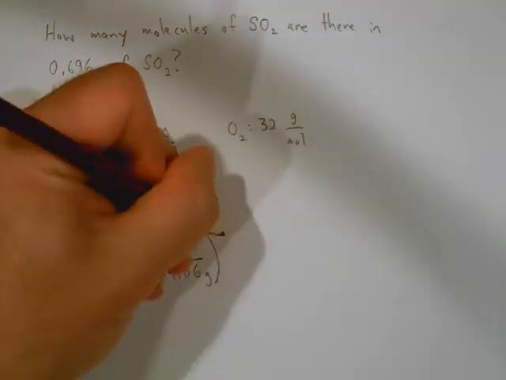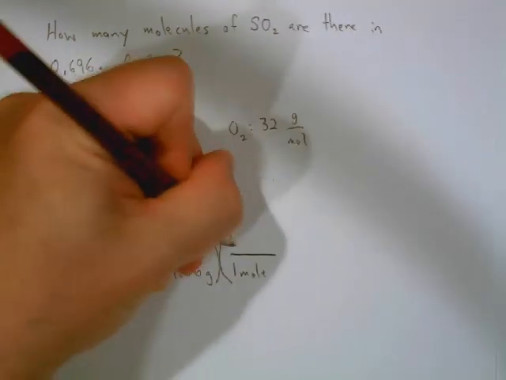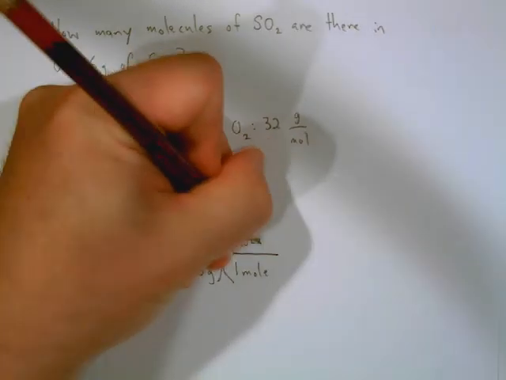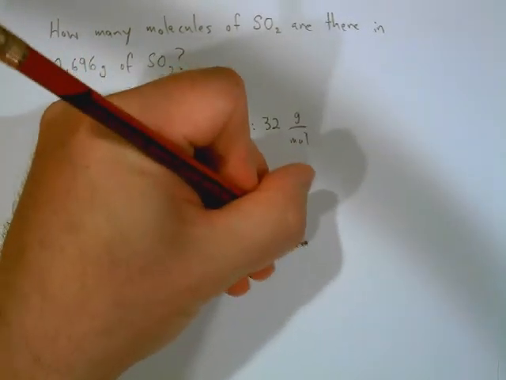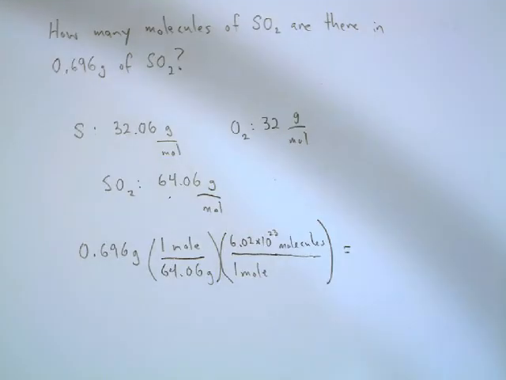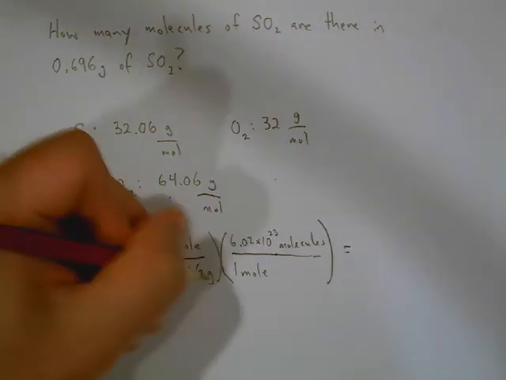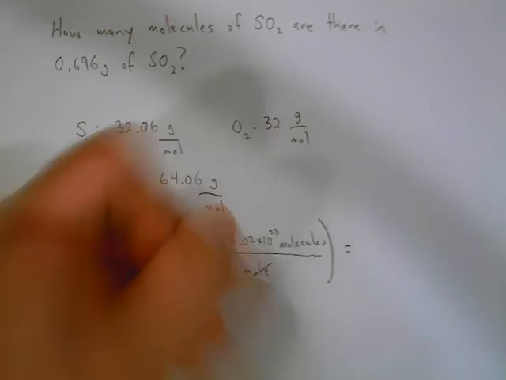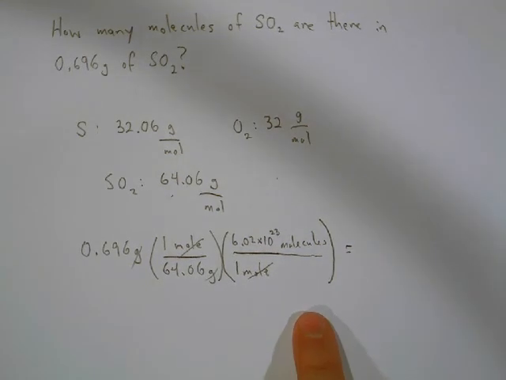And I want molecules, and I know that 1 mole is 6.02 times 10 to the 23rd molecules. Then I can just do the math. I'm not going to do the math because you can do it, but if I multiply this grams by moles, I end up with molecules. If you write it out, these problems are really easy.